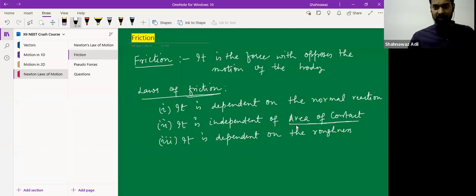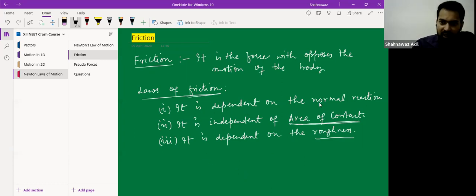Okay, sir. So it only depends upon the roughness of this material. So if you have a rough surface, then your friction will be more. If you have a smooth surface, then your friction will be less, right? It doesn't depend upon the area of contact. Understood? Yes, sir. These are 2 different things, the roughness and the area of contact. Okay.